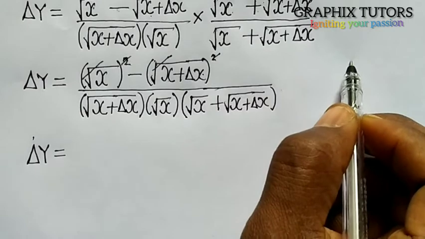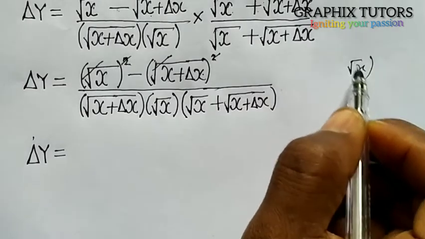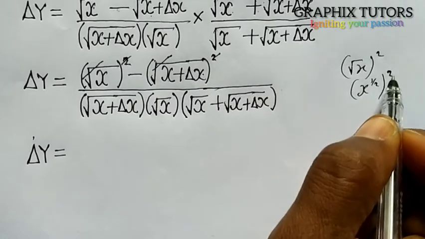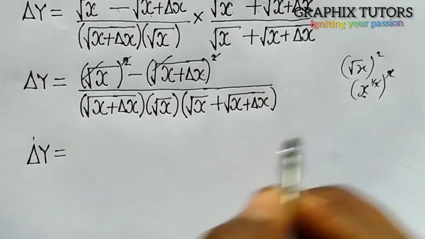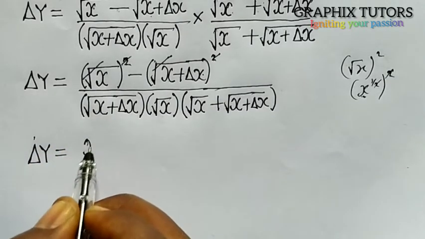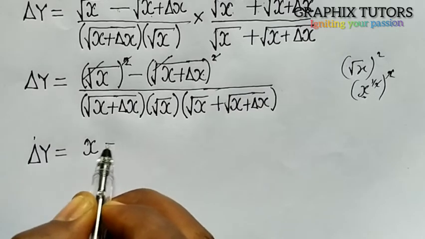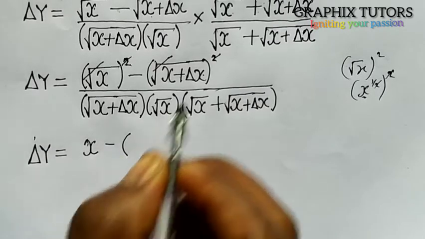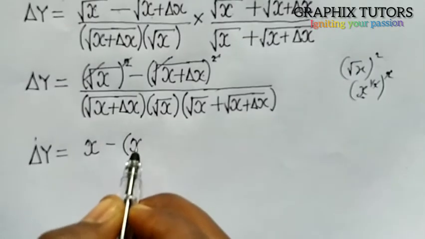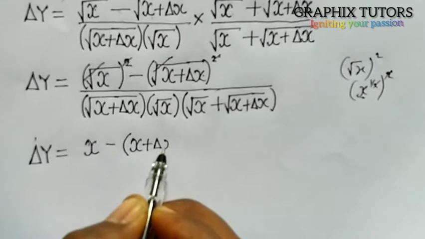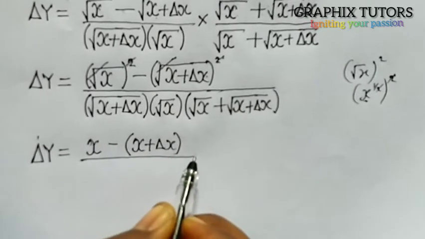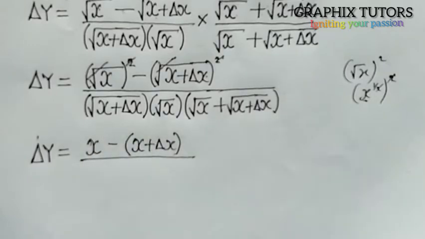Because root x all squared is the same as saying x to the power one over two, and this will equate this, we're left with x. So now I'll be left with x, right, minus, x plus delta x will be remaining, right, all over what I have under here.